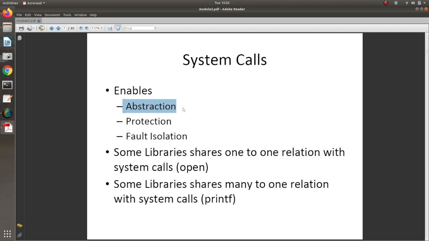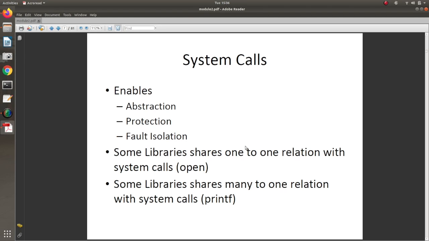They enable abstraction because the user does not know what actually is happening. They provide protection, because if you give the user direct access to the hardware, anything can happen. So instead it goes through the kernel, which provides protection and fault isolation. We can understand where the mistakes are happening.